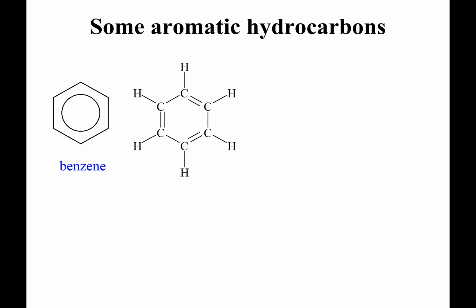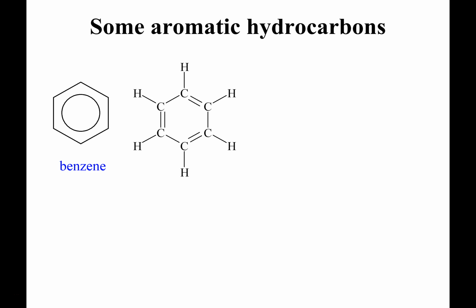Resonance structures are where you have the double bonds drawn differently. Instead of double here, it's a single here, and it goes around. It kind of goes back and forth, and it forms a very stable pair of structures. We call it resonance structures.